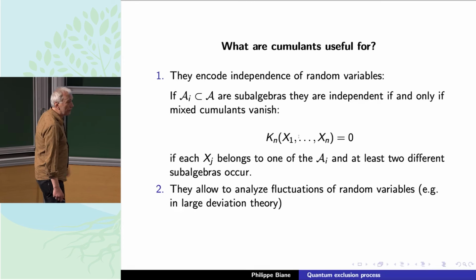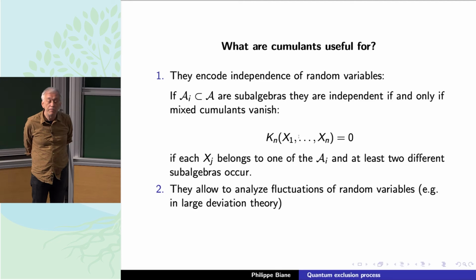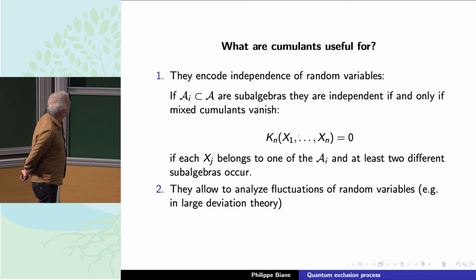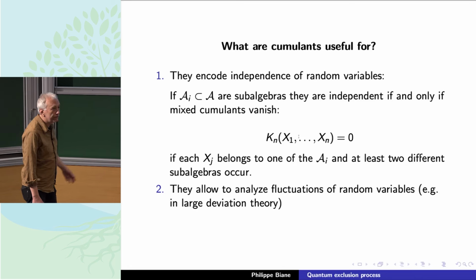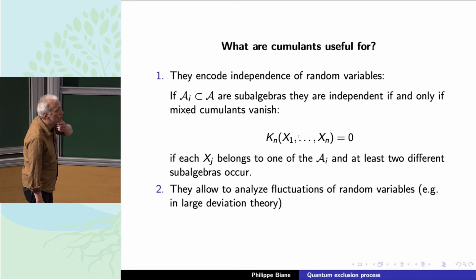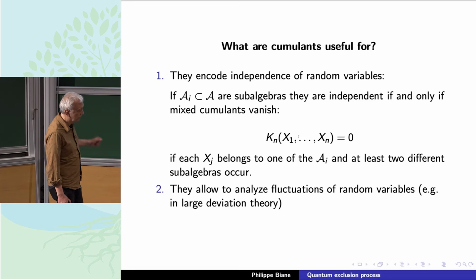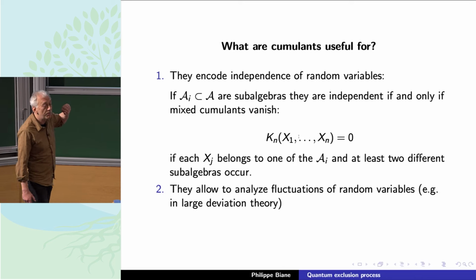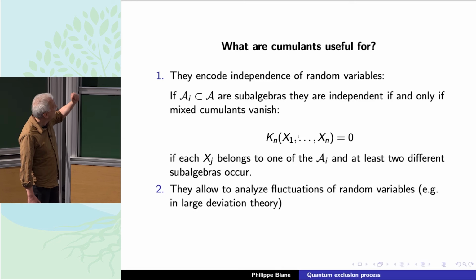So what are cumulants useful for? Well, for one thing, they encode independence of random variables. Suppose your random variables generate an algebra, A, of random variables, and suppose you have some subalgebras of random variables which are measurable with respect to some sigma fields. Then you can test the independence of the subalgebras by looking at the cumulants, and independence is equivalent to the fact that the mixed cumulants vanish.